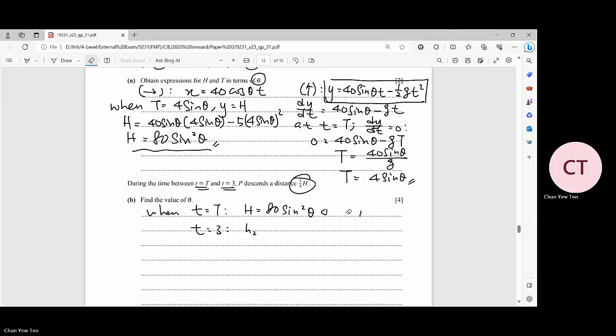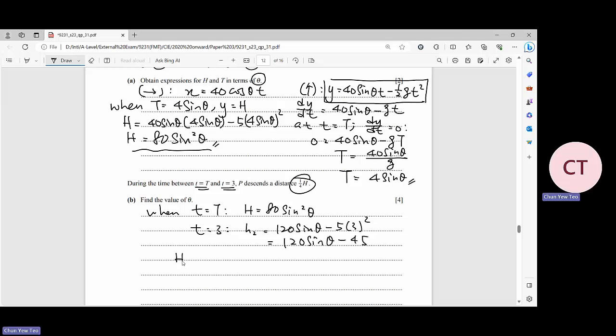Over here, it will be 120 sine theta minus 5 times 3 squared. So you get 45. 120 sine theta minus 45.